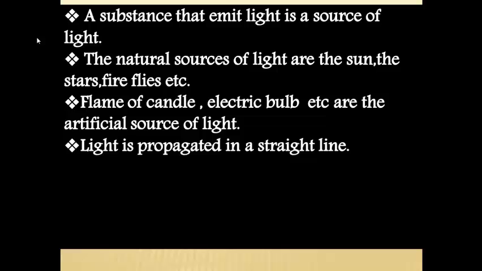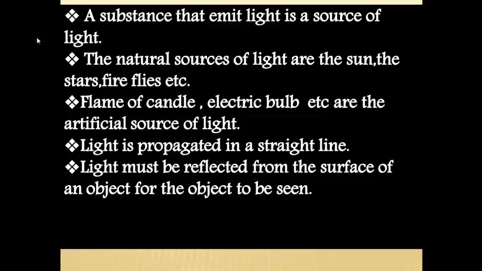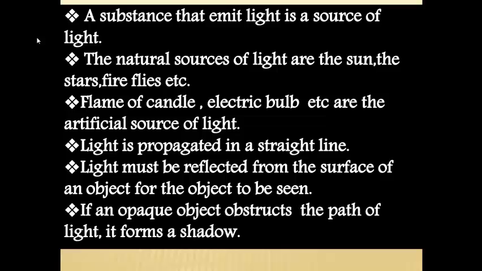Light is propagated in a straight line. Light must be reflected from the surface of an object for the object to be seen. If an opaque object obstructs the path of light, it forms a shadow.